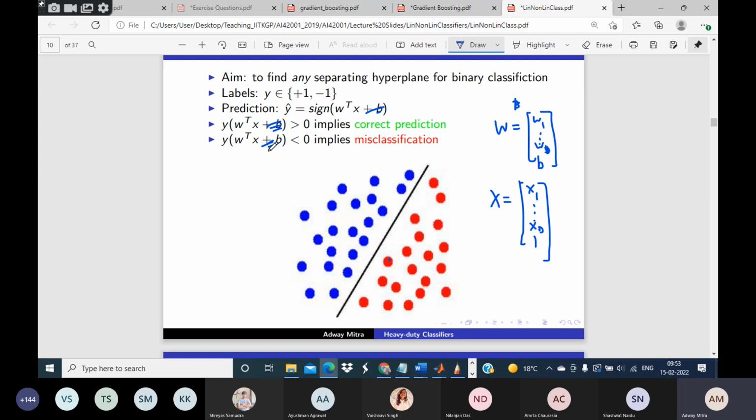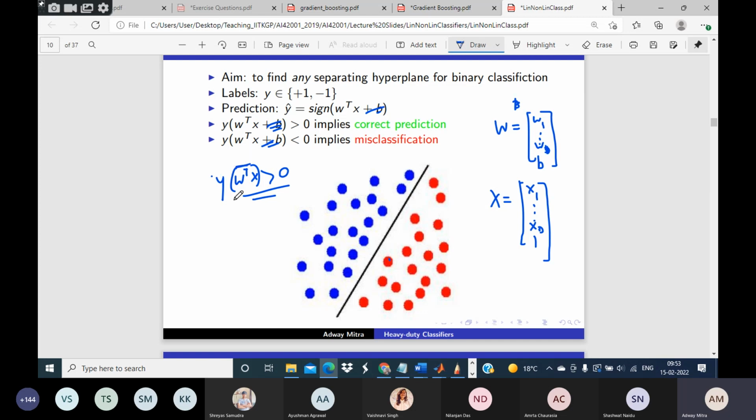Now, for what is going to come after this, you remember this rule: y times w transpose x greater than 0. If this condition holds, that means y and w transpose x have the same sign.